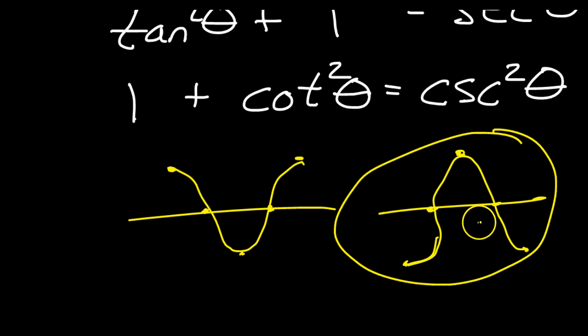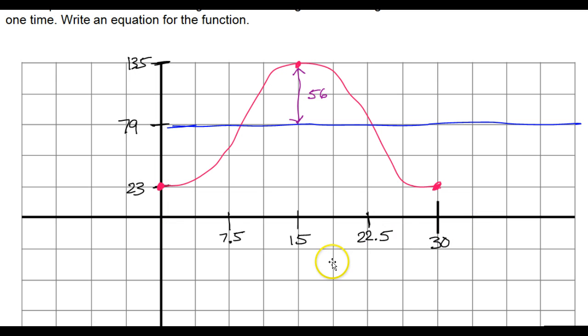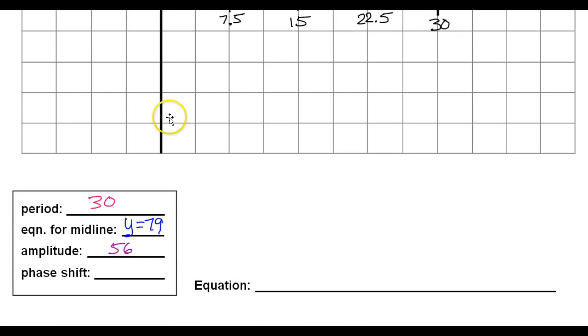This looks more like what we're dealing with, an upside down cosine function. Now with that in mind, there doesn't seem to be any phase shift. It looks like a perfect upside down cosine function that's starting right from 0. No phase shift. It's not moved to the left or to the right. So I can just put a 0 on that.